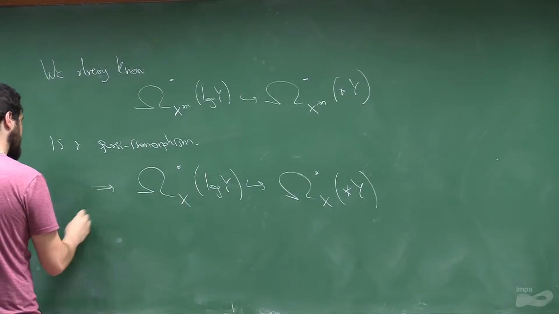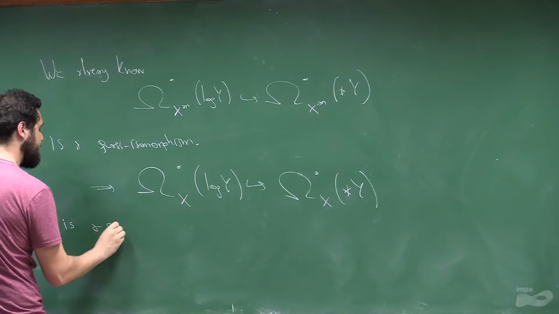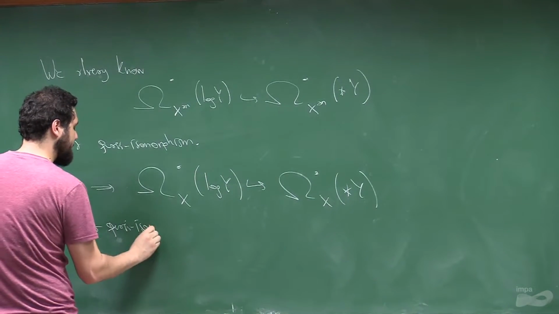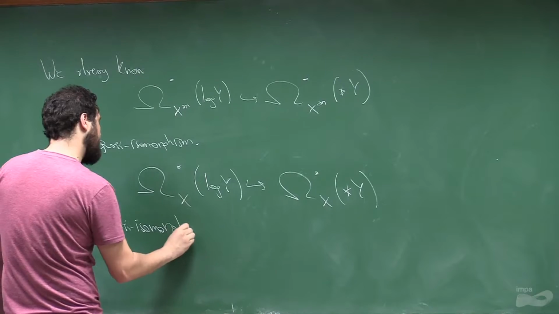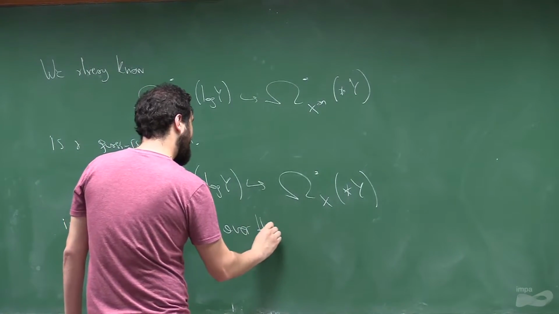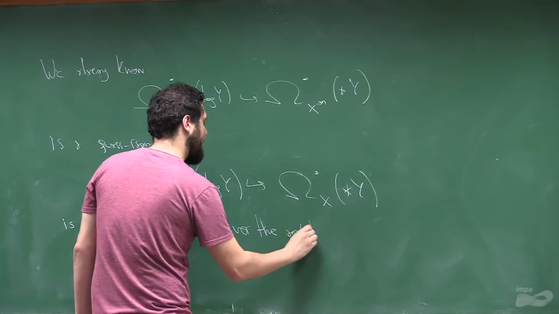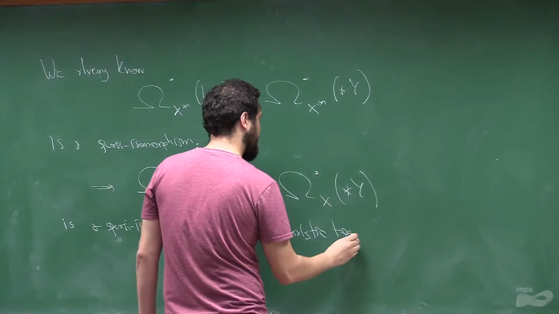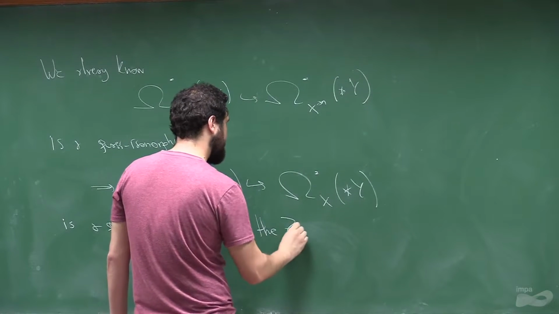So then this is a quasi-isomorphism over the analytic topology. I mean the algebraic, the Zariski topology.